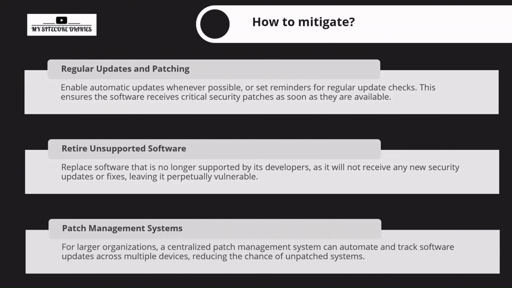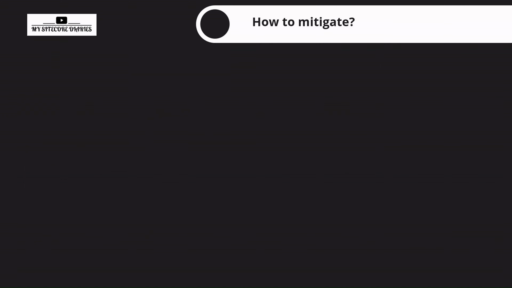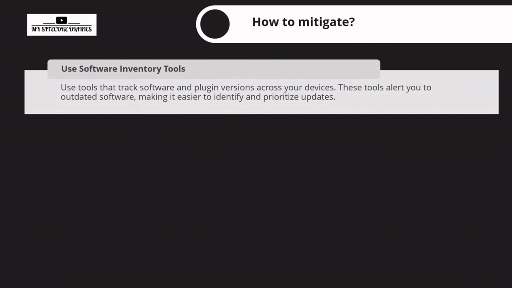Patch management system. For larger organizations, a centralized patch management system can automate and track software updates across multiple devices, reducing the chance of unpatched systems. You must have seen that Windows updates are regularly done, automatically done. That kind of patch management system you should apply to your application. Use software inventory tools.